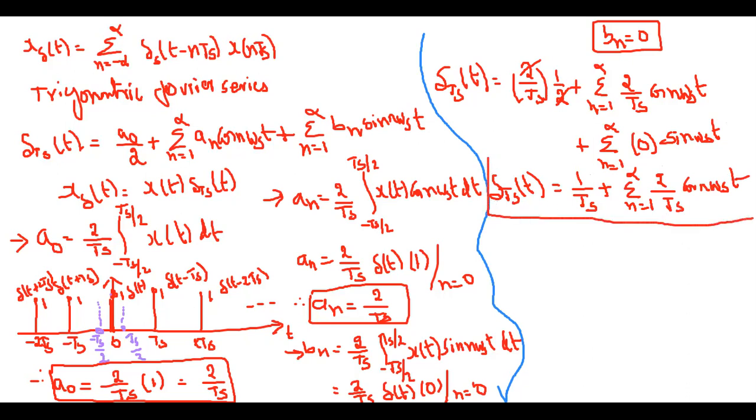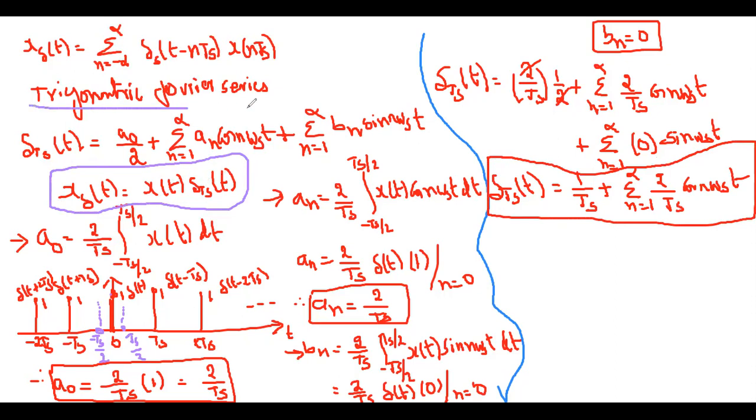So delta ts of t is equal to 1 by ts plus sum of n is equal to 1 to infinity of 2 by ts into cos n omega s t. I can substitute this function in x delta of t. x delta of t is equal to x of t into this impulse train, as a trigonometric Fourier series function.